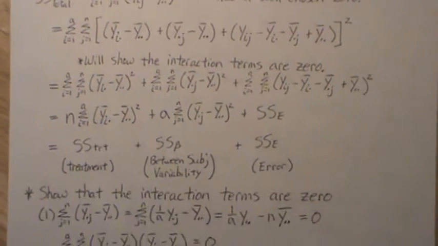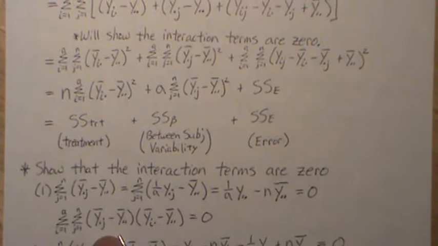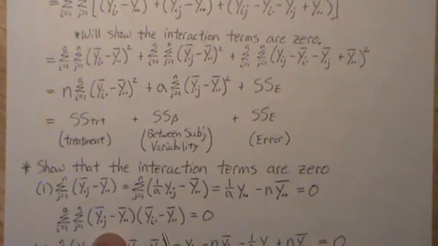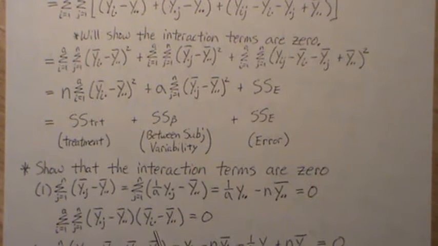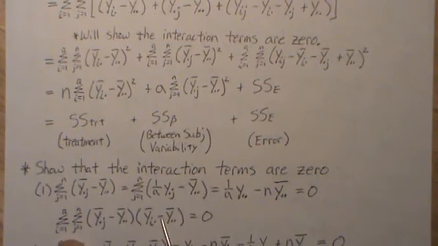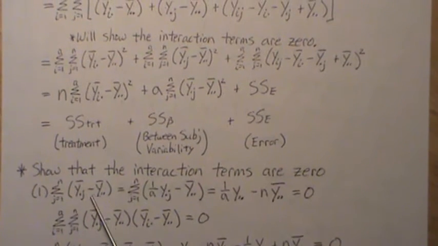Now to show that the interaction term is 0, so this is an interaction term from one of the cross products. To show this is 0, notice in here that there's no j component. So we can take that out of the sum, and then we're left with this piece, which is what this is.